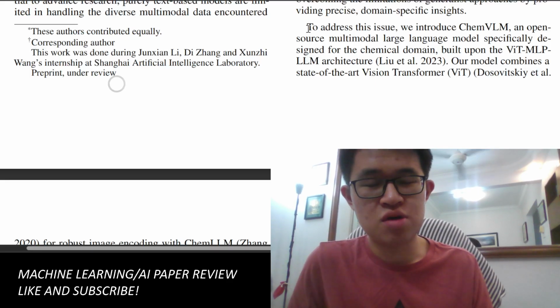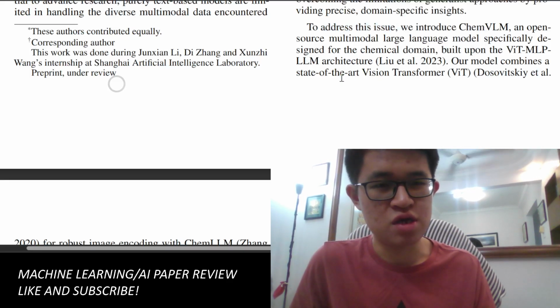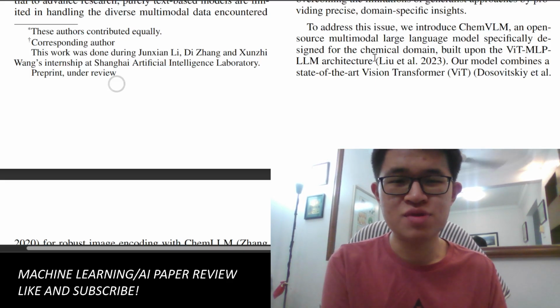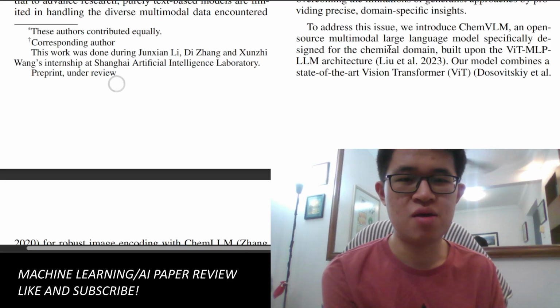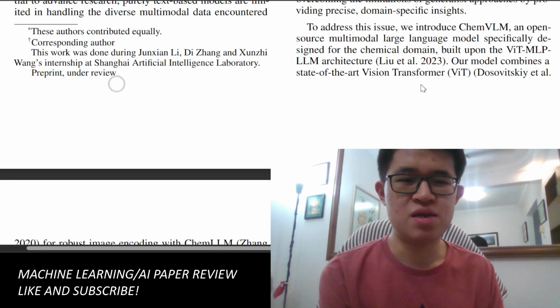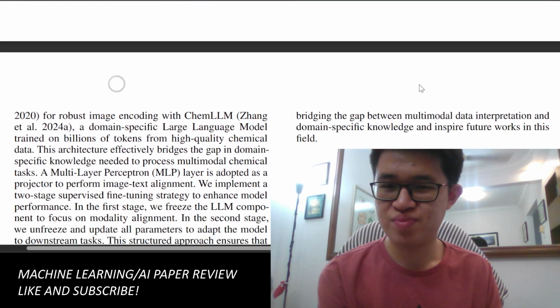Okay, so in order to address these two paragraphs of issues, they introduced ChemVLM, an open source multimodal LLM for the chemical domain built upon the vision transformer model and the LLM model.